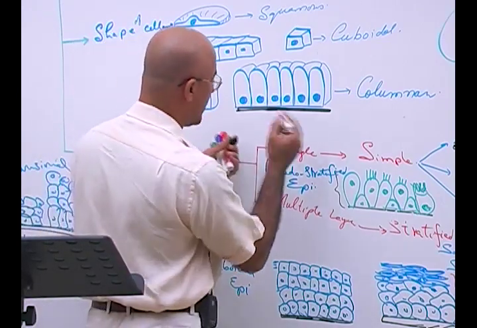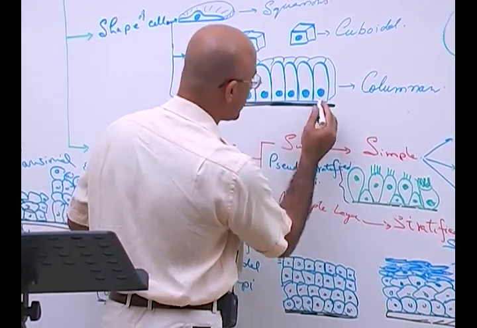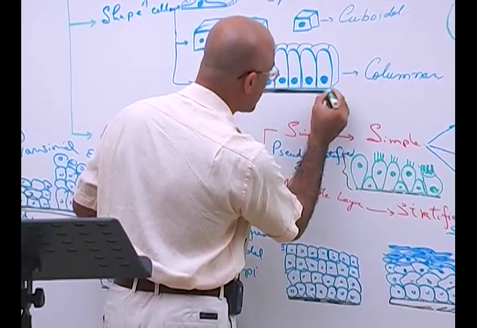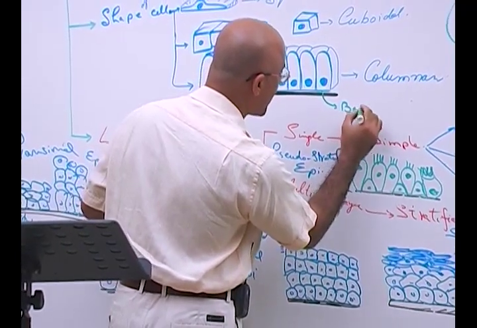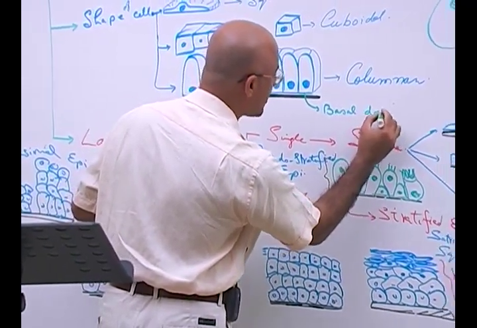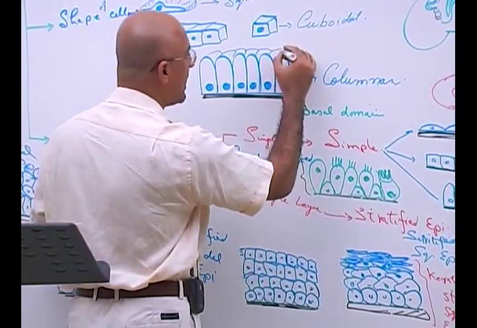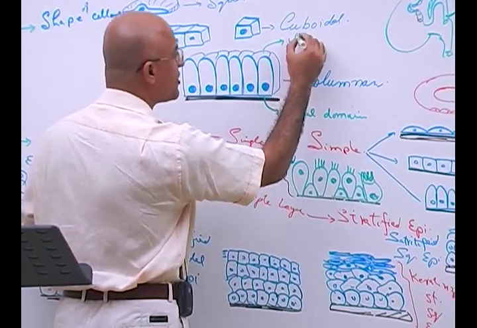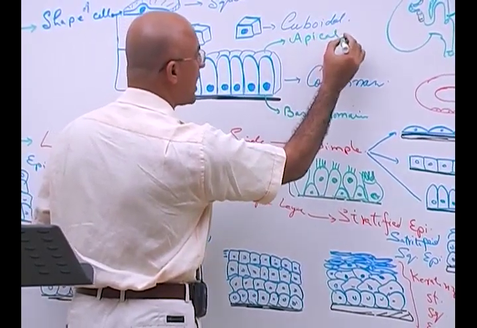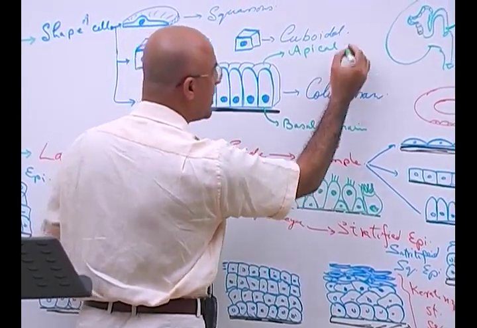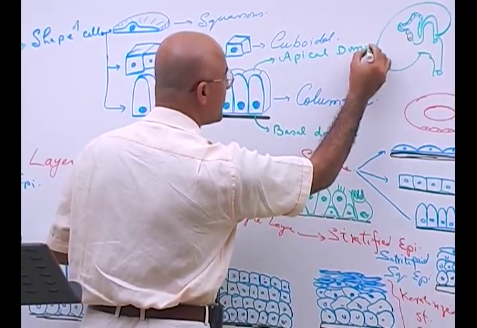So this side of the cell is called the basal domain of the epithelial cells, right? And this side of the cell, which is at the top of the cell, is called the apical side of the cell, or apical surface, or apical domain of the cell, right?